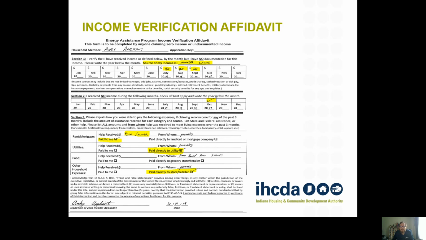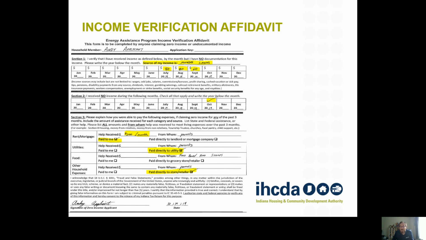We need some sort of meaningful statement showing what they received, especially if it is paid directly to them. And the reason for that is any household assistance that is paid directly to them rather than directly to the vendor, utility, retailer, whatever it is, is actually counted as income.